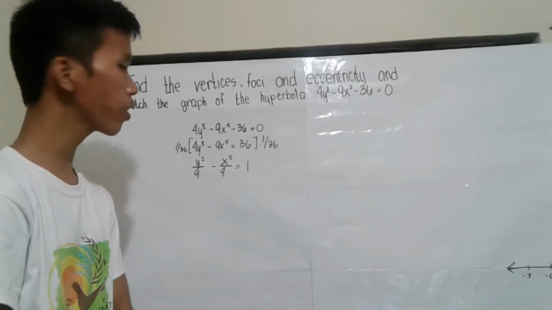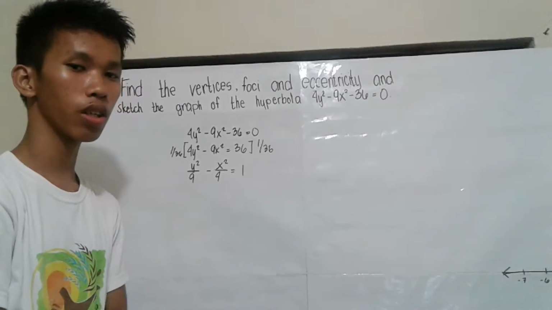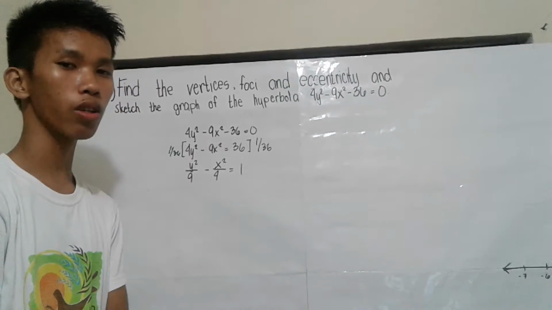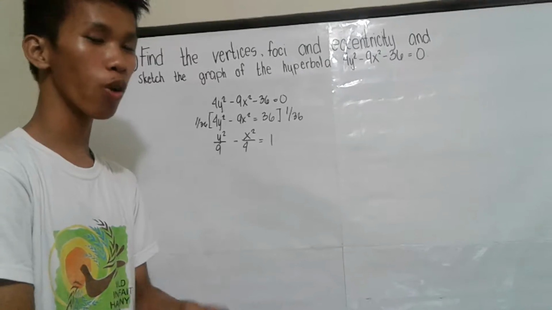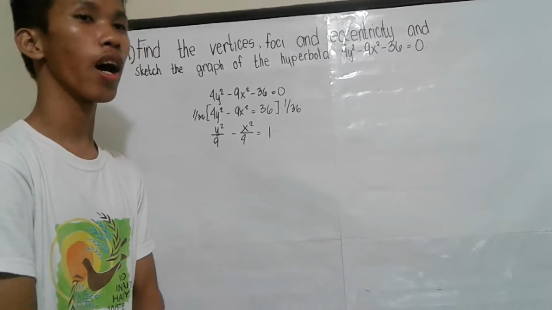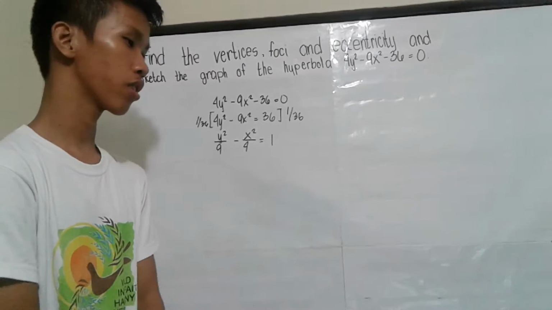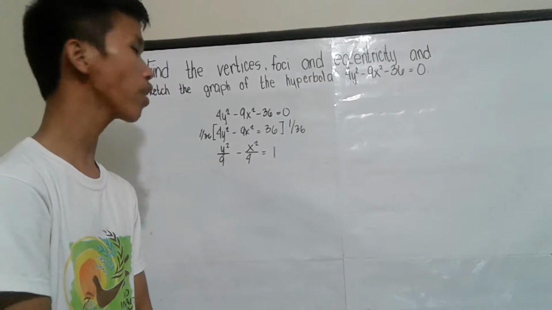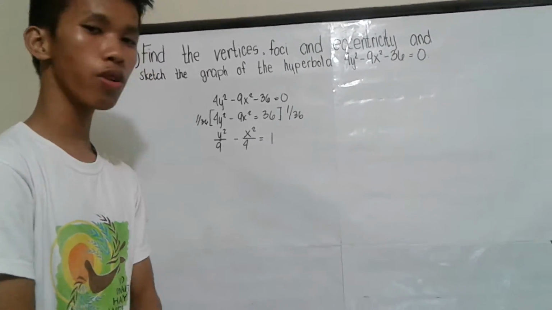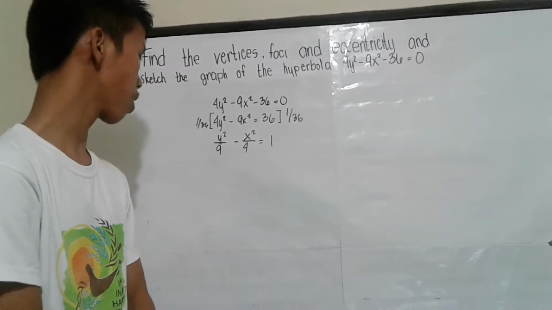Now, we have already converted it from general to standard form. Because this is a hyperbola where the center is at the origin and the transverse axis is on the y-axis, our center is 0, 0.